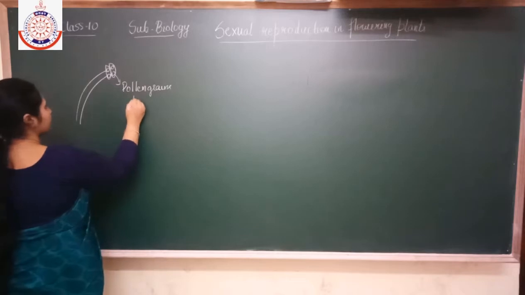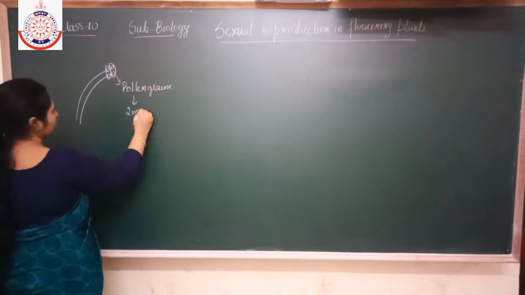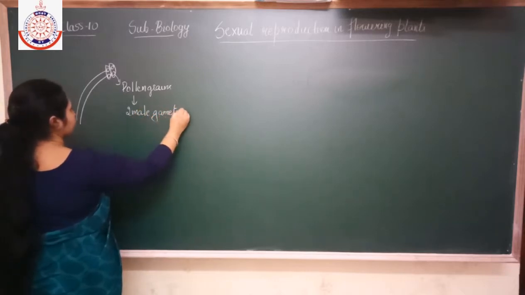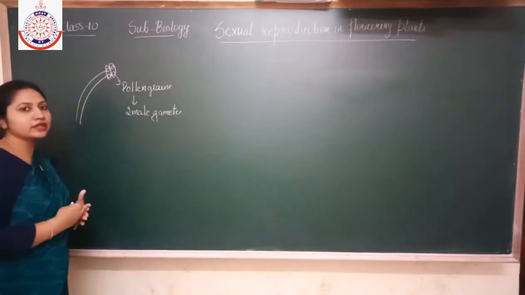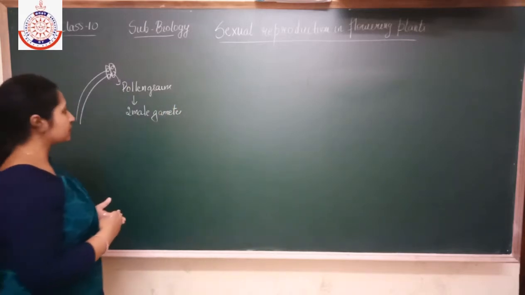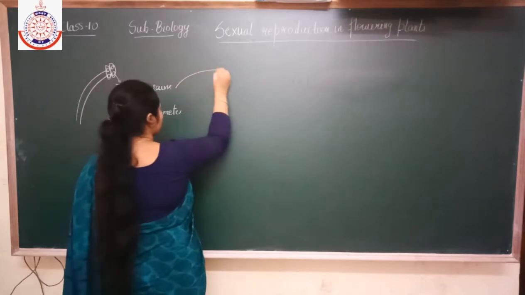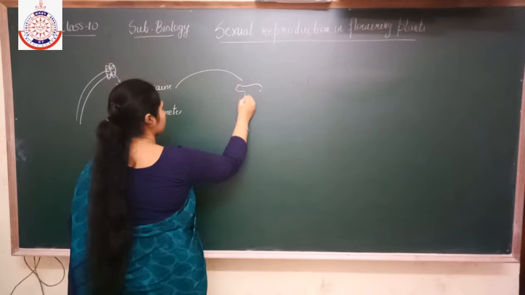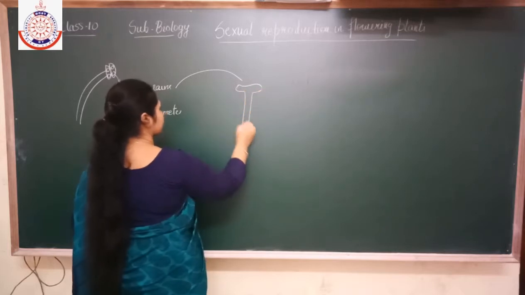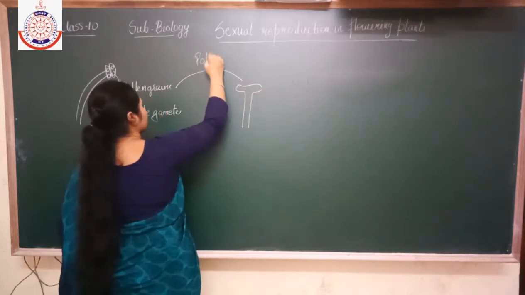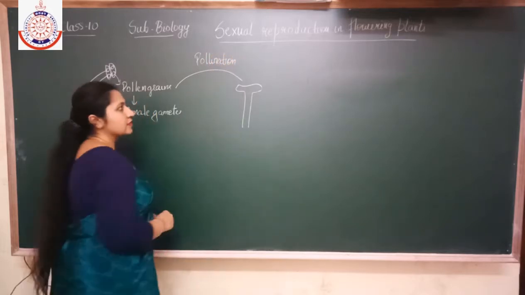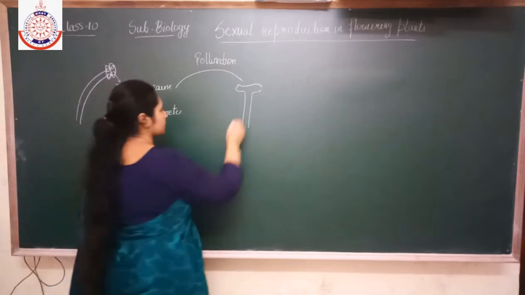Each pollen grain consists of two male gametes. When the pollen grains transfer to the stigma region, this process is known as pollination.